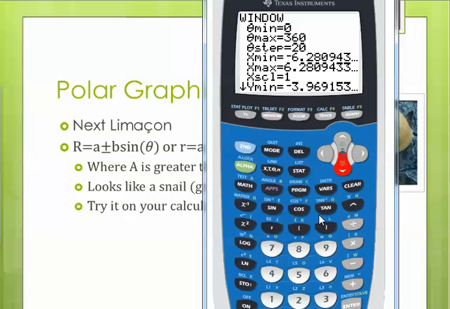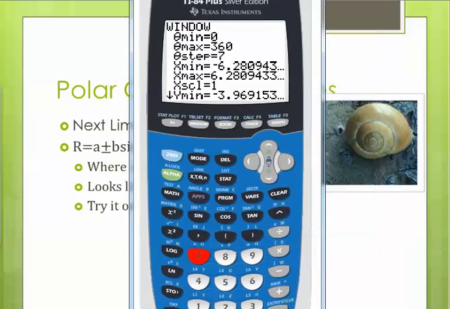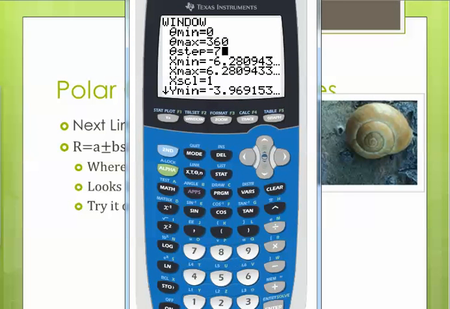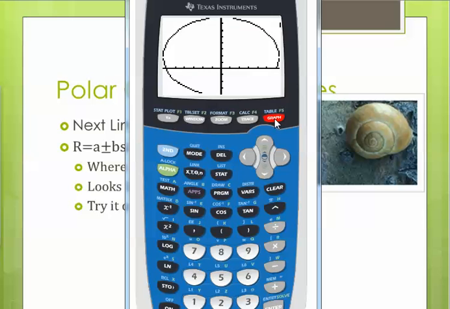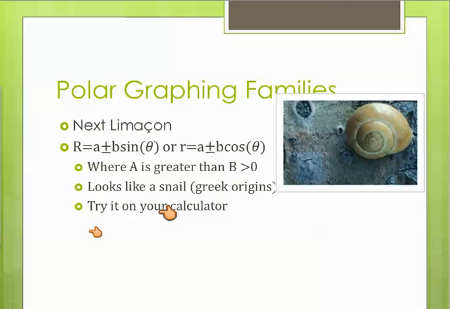Okay? And it's just through experience that I know what these window values should be. 7.5, see if that doesn't clear it up a little bit. Zoom fit. Yeah, looks like a circle. A little bit higher up, right? This is one that you ought to try on your calculator. Make certain you know what it looks like. Okay?